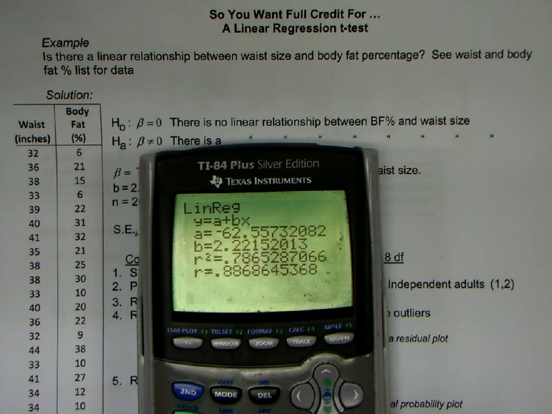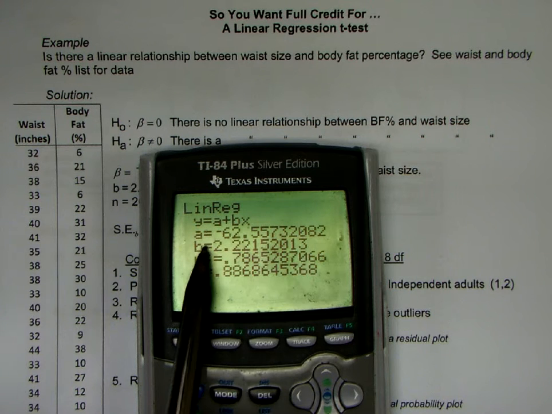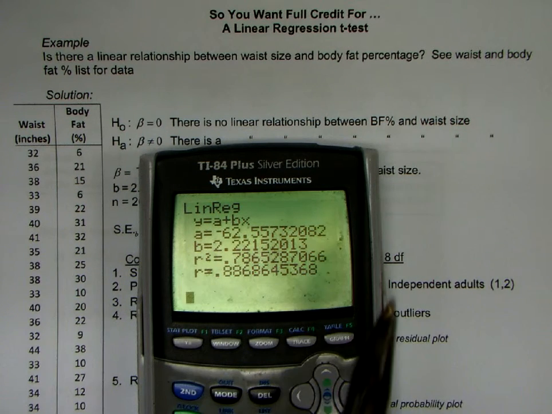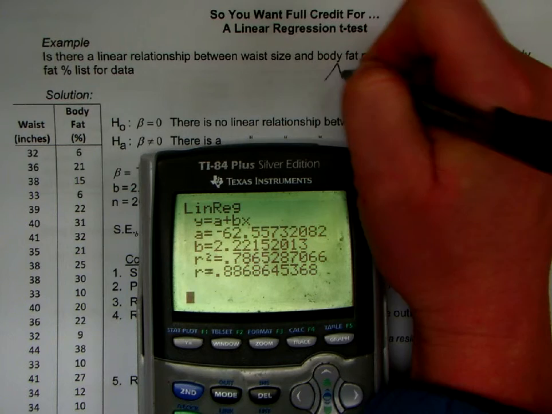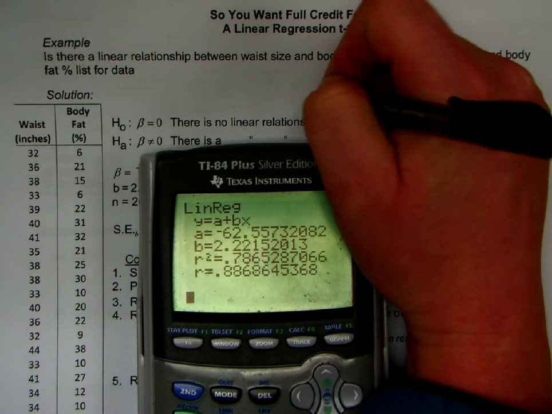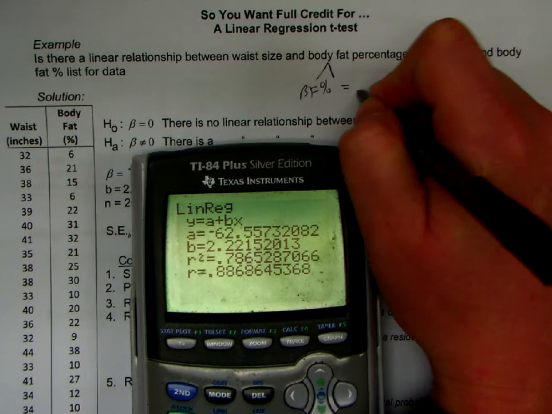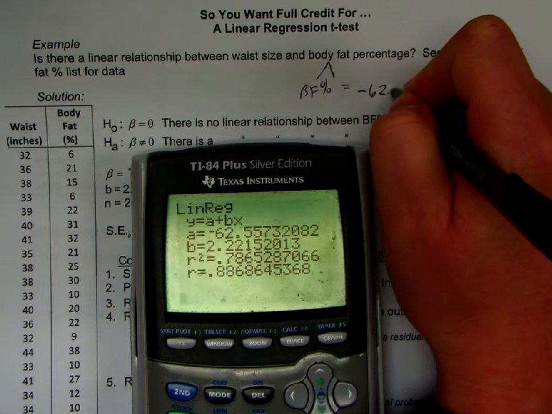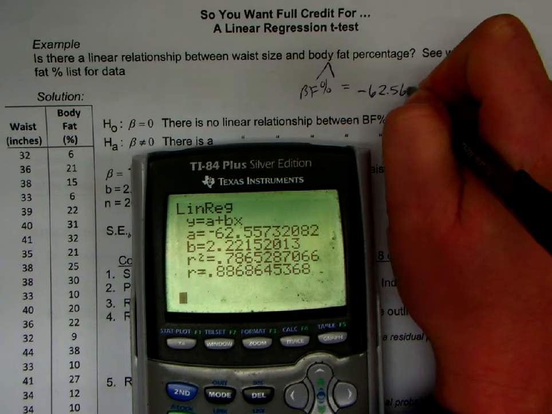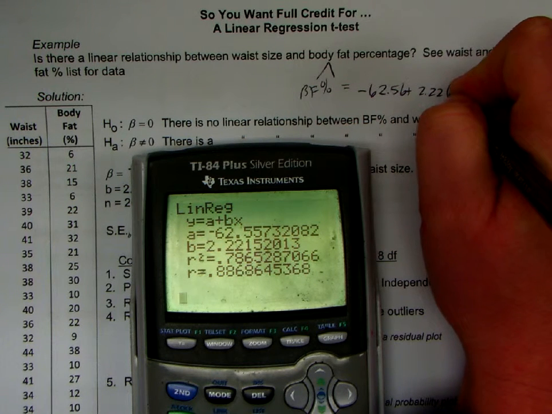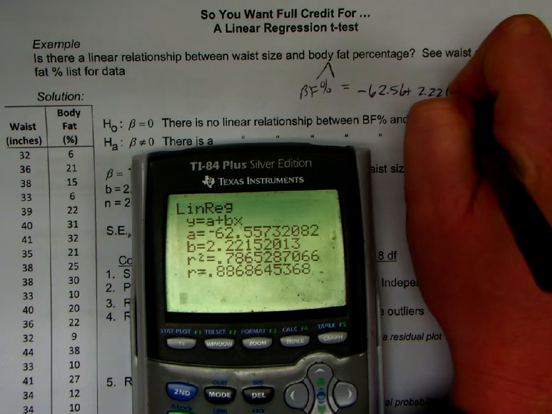What it's all about, everything you do is about the slope, b. Right now you have a sample slope, and your equation is predicted body fat percentage equals negative 62.56 plus 2.22 times the waist size, WS.